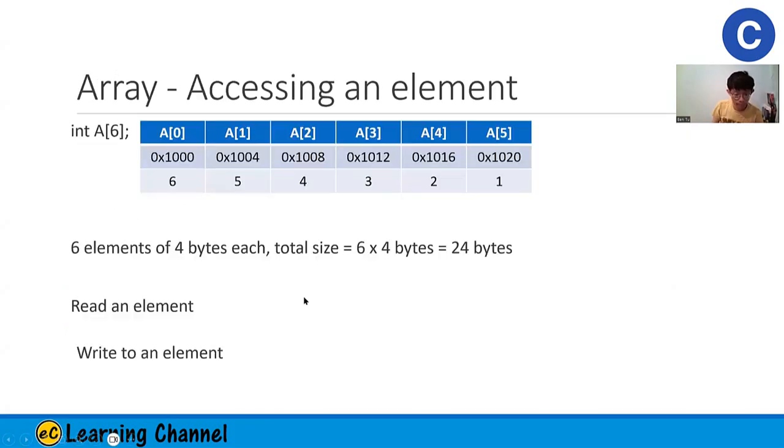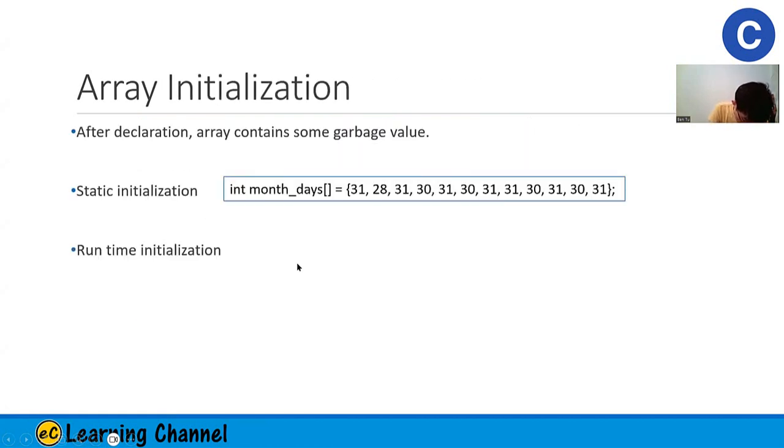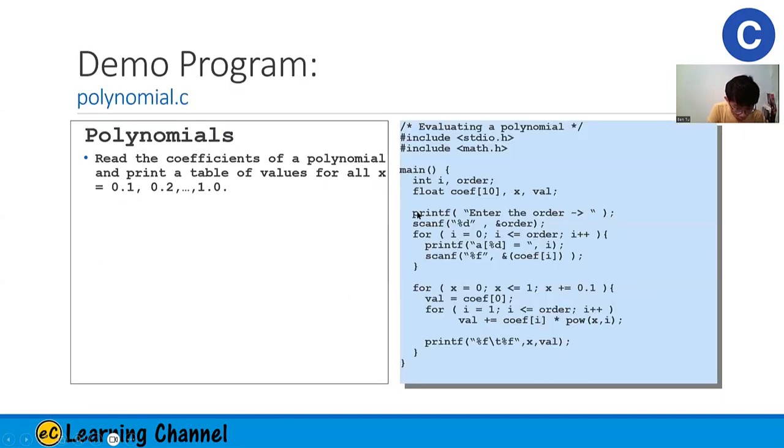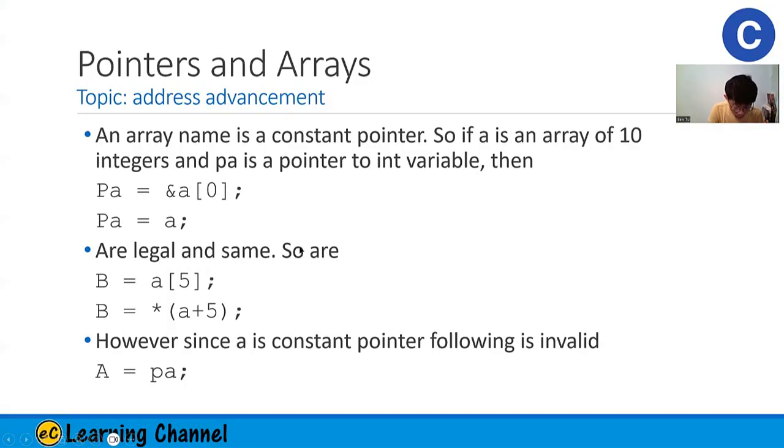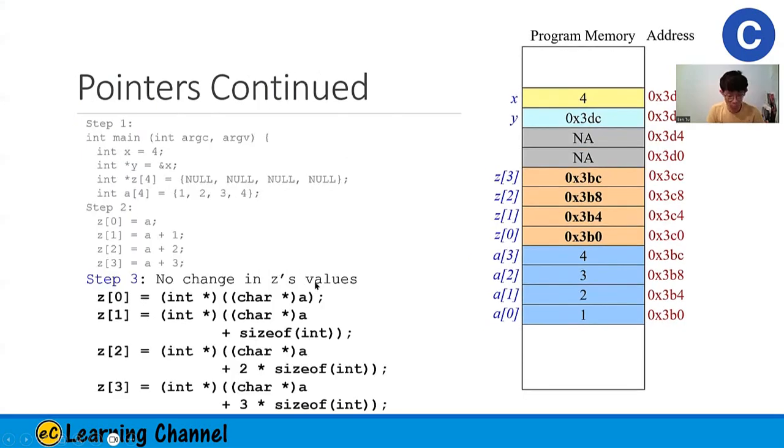Okay, that's what we said already. So that part we don't repeat. And you can initialize the value, we talked about it already. Okay, address calculation we talked about it already. Every time you advance by the size of the data type. Okay, this one we talked about already.